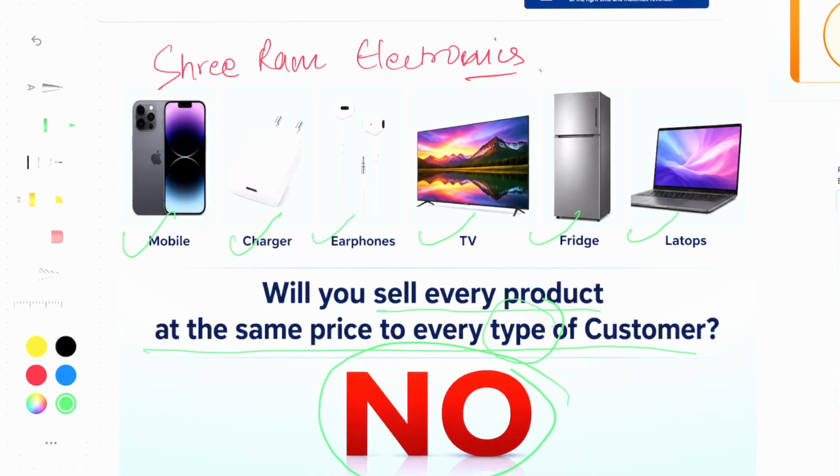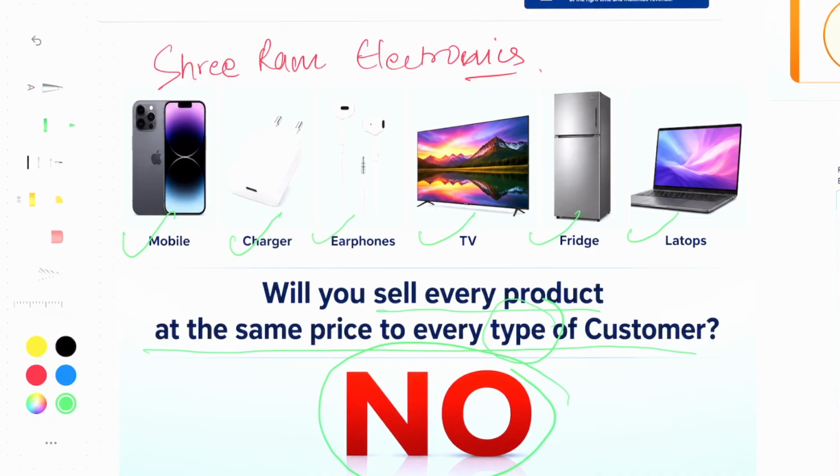If you purchase a single product, it may be for personal use. If you purchase in bulk, you might be using it for a commercial purpose. In reality, we never sell every product at the same price to every type of customer.